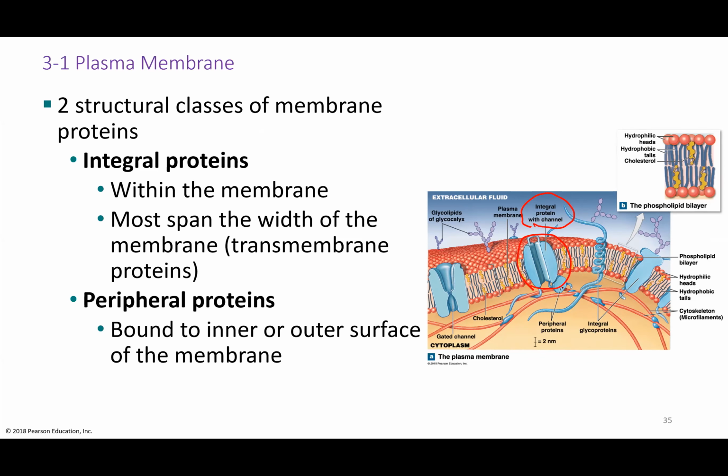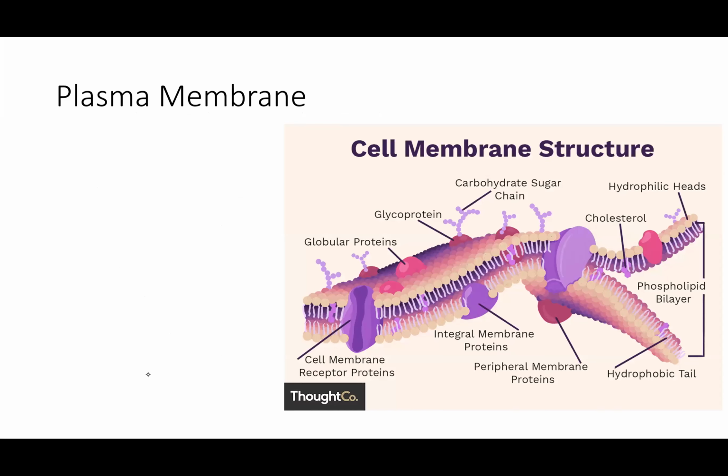So right here is an example of a peripheral protein because it's on the inside of the plasma membrane. It does not extend through the whole plasma membrane. So in this picture here, you can see your integral proteins again, right here.